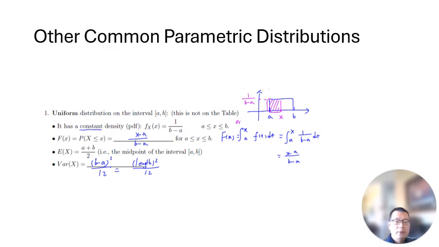Then further, F(x) is x minus a over b minus a, which can be derived from this integral of f(t) over t. And the variance of X will be (b minus a) squared over 12.